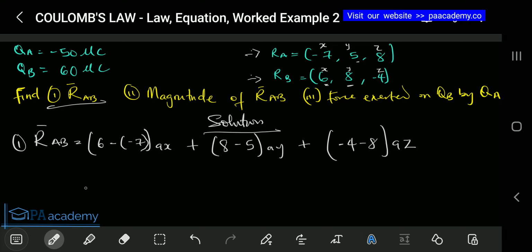Very good. So now let's tidy this up. 6 minus 7 will give us minus 1 AX. Don't forget the bar at the top. Then 8 minus 5 will be plus 3 AY. And then minus 4 minus 8 will give us minus 12 AZ.